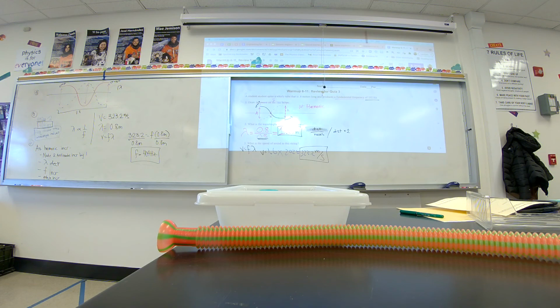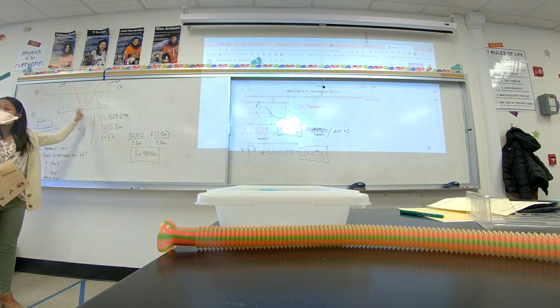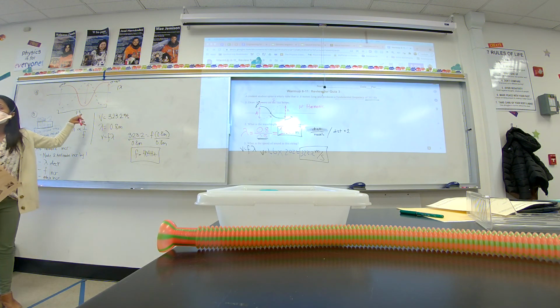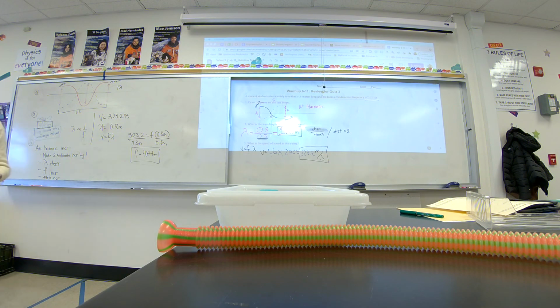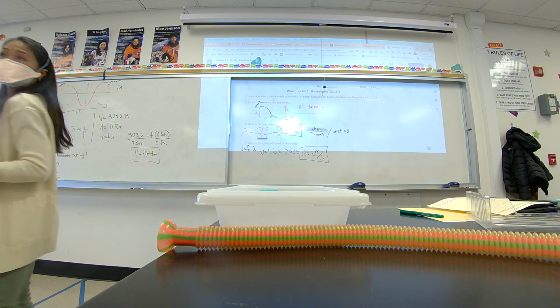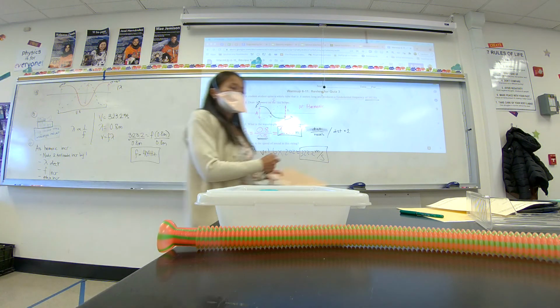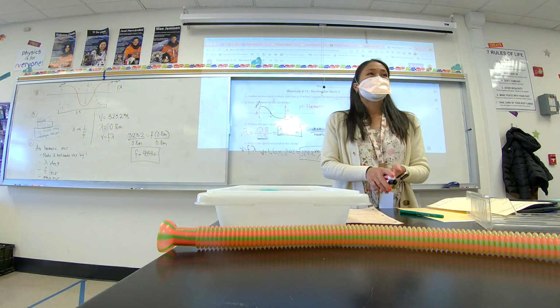So obviously, your quiz is not going to be the two open end example, otherwise it wouldn't have been used as your warm-up. It's going to be one of the other two. But you need to understand, well, what type of situation is this item that I'm trying to get quizzed on? Is it a two fixed end, a one open end, or a two open end, and then go from there. Any questions? Okay.